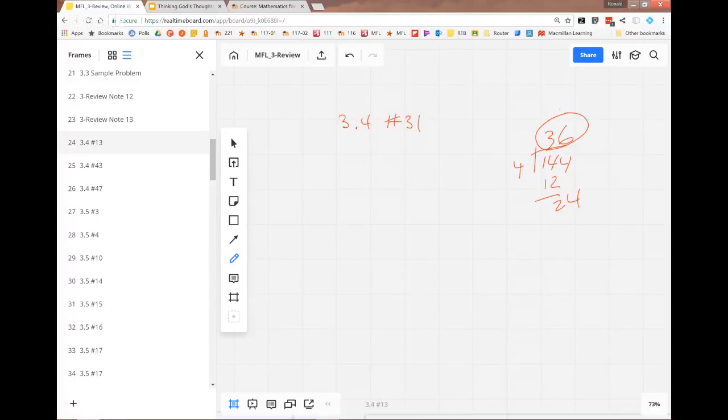The converse is if the square of a number is divisible by 4, then the number must have been an even integer. Right. Okay, now I got to think about that one. So, for example, how about this one?